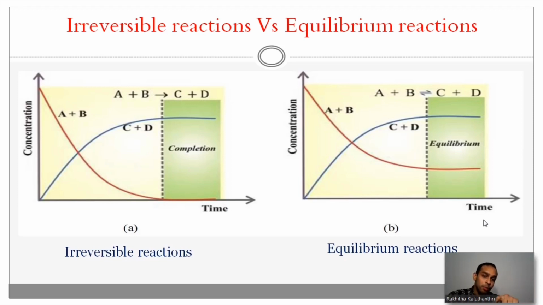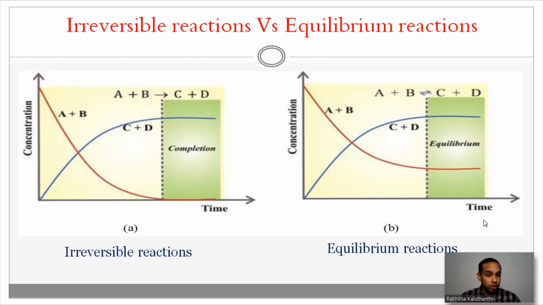As you can see, the blue line keeps gradually going up the curve, whereas A and B gradually keep coming down. But unlike in the previous graph, A and B do not completely get used up. At one particular point, the A and B concentration plateaus and stops going down any further.